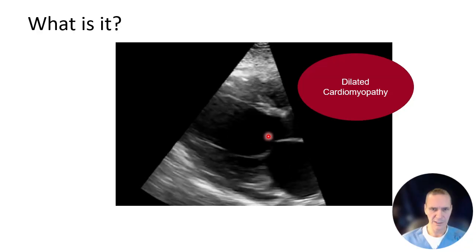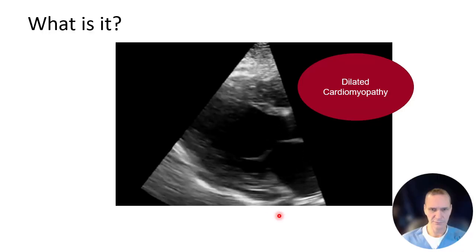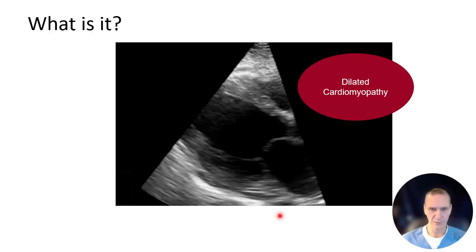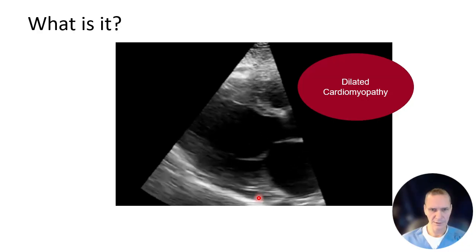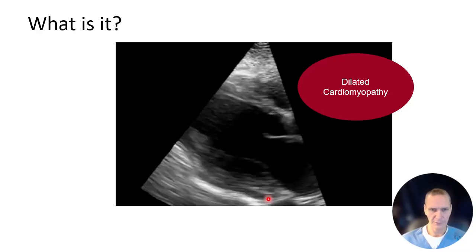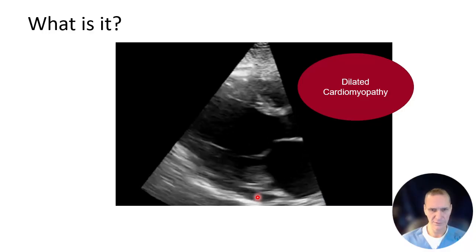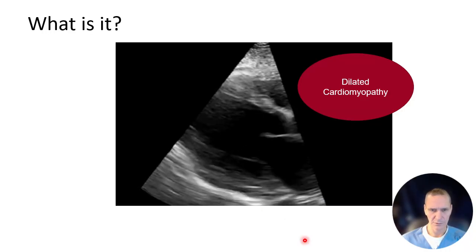Look at the mitral valve, it's barely moving, telling us the ejection fraction is likely quite low. Hard to tell if this is a pericardial effusion. If it is, it's small or trivial.